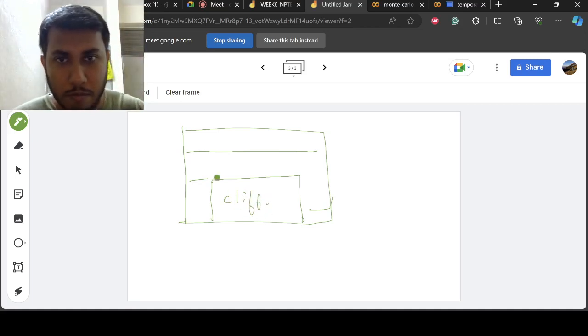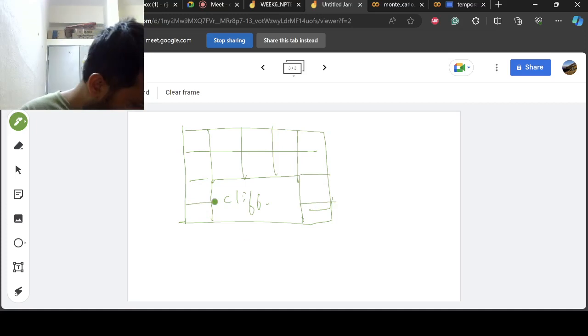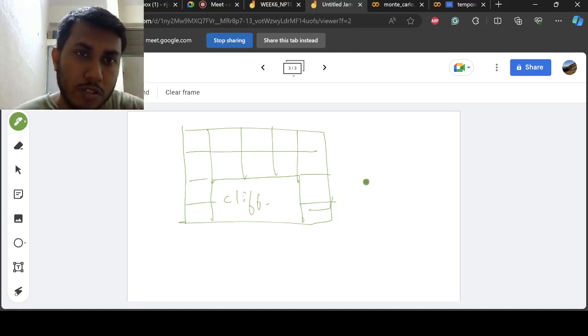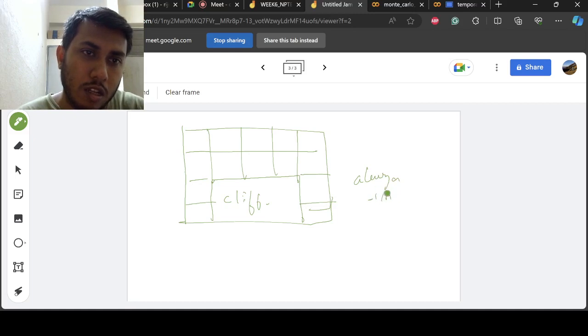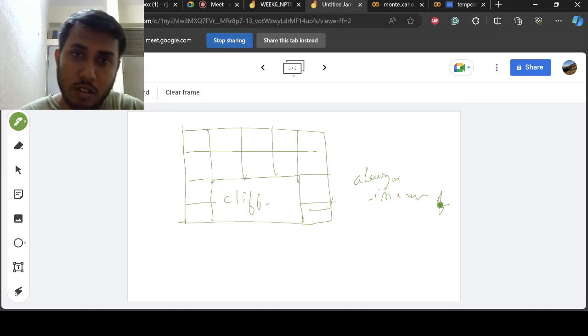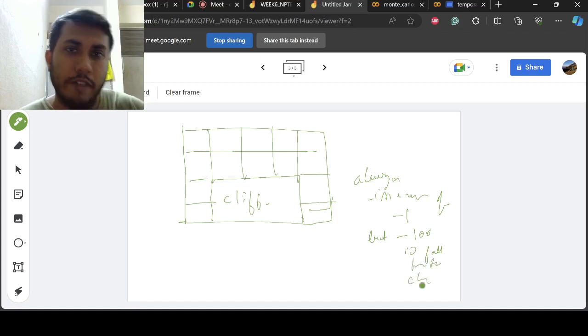There is always a negative reward of minus 1, but a negative reward of minus 100 if you fall from the cliff, right?